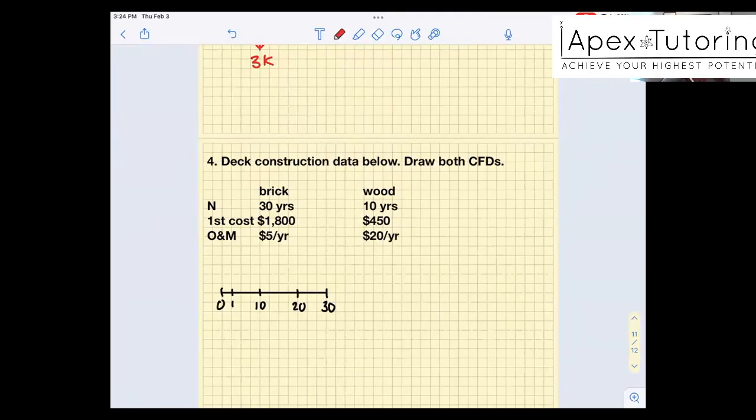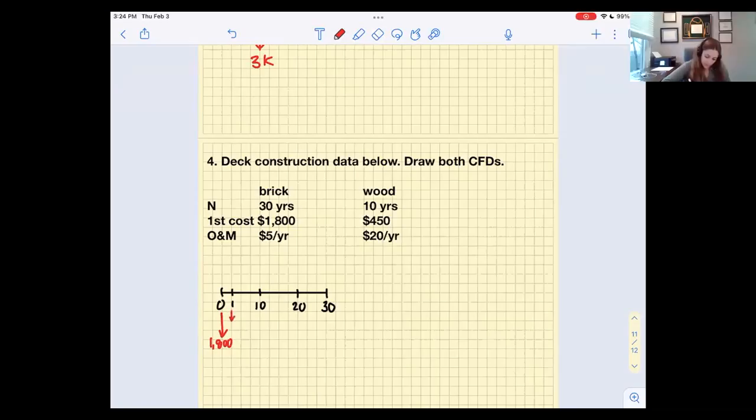What year? Year 0. So first cost is actually at instantaneous year 0. So that's 1800. Where do I put the 5? Year 1. Arrow down. And it continues the whole way for 30 years. $5.